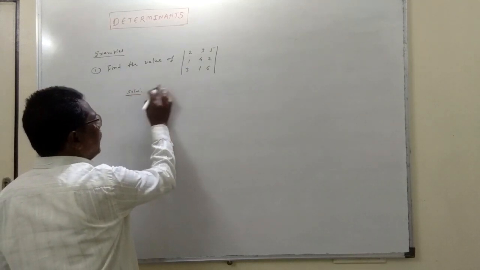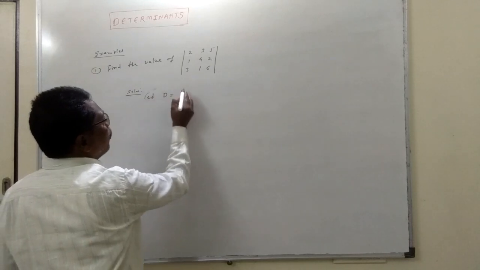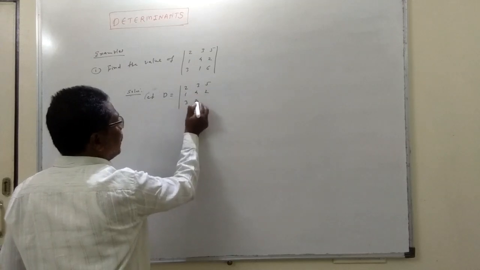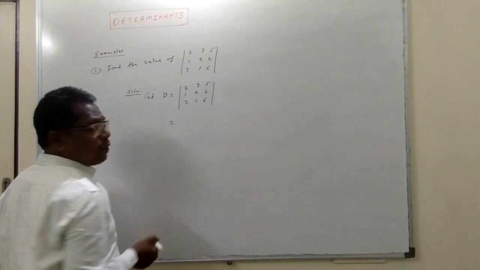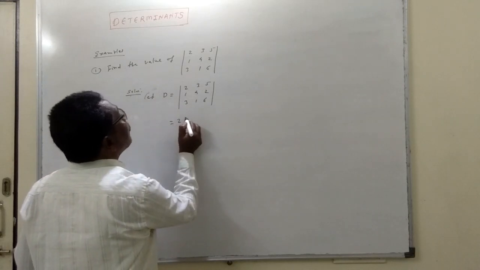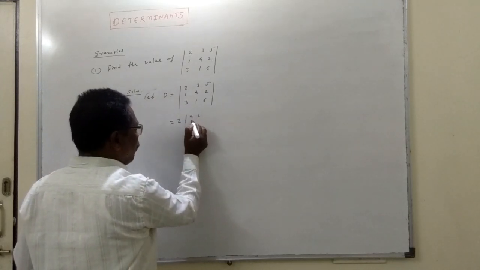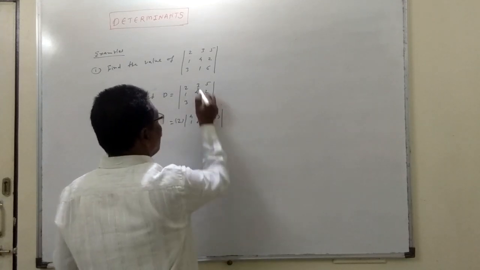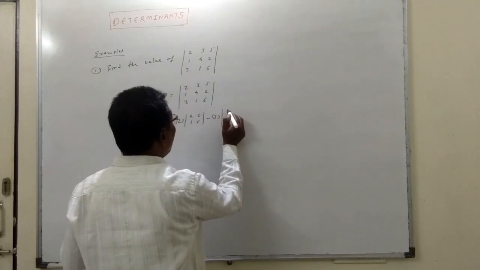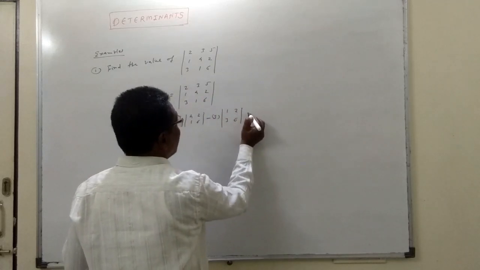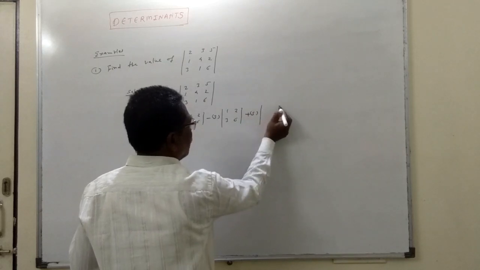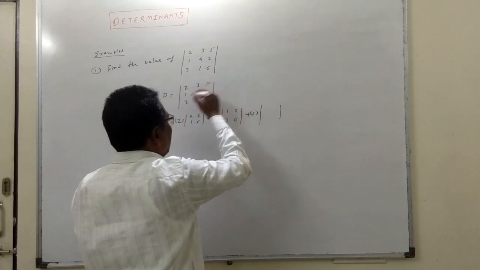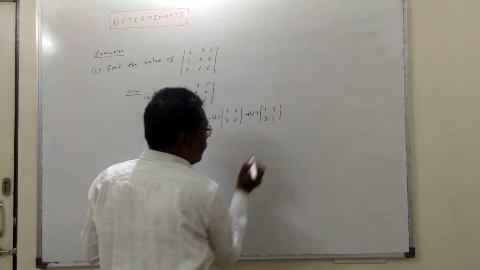So we let D equal to determinant 2 3 5, 1 4 2, 3 1 6. So that is equal to 2 into determinant 4 2 1 6, minus 3 into determinant, now the first row, second column gets cancelled, 1 2 3 6, plus 5 into determinant. So you keep your finger here and eliminate the row and column. So the remaining elements are 1 4 and 3 1.